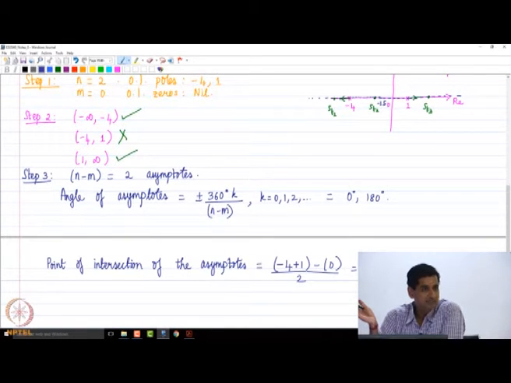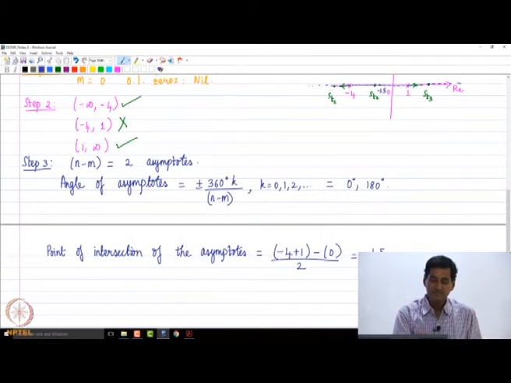So obviously they have to travel along the positive and negative real axis. Those two are going to be the asymptotes as far as this particular root locus is concerned. Now let's go to step 4.